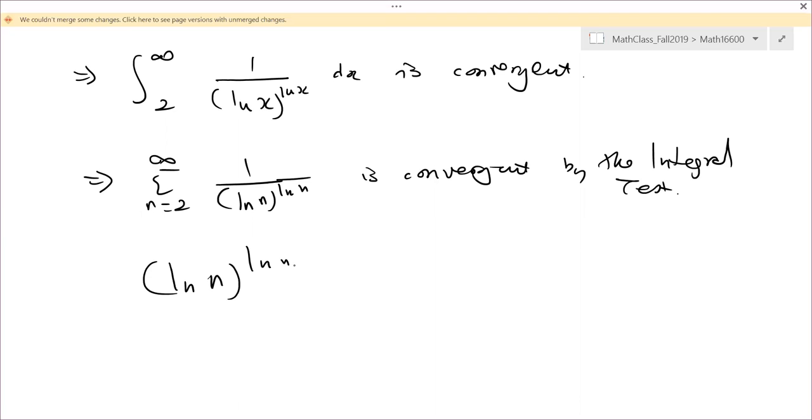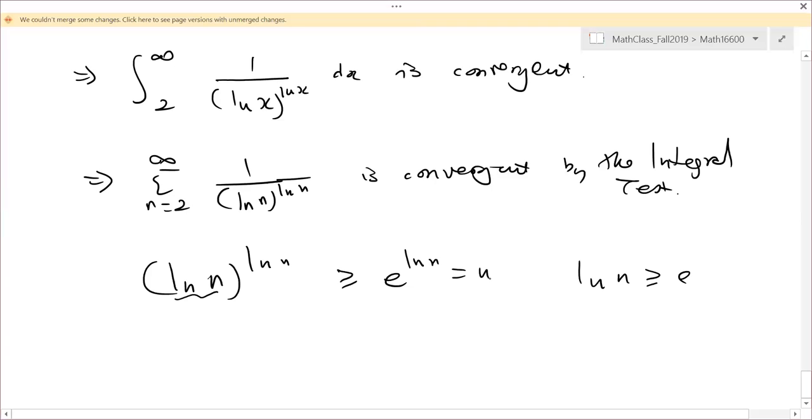You see, natural log of n can definitely be made greater than e. But e to the natural log of n is n. That's not good enough, because you get a harmonic series. So how can you get something like n squared?